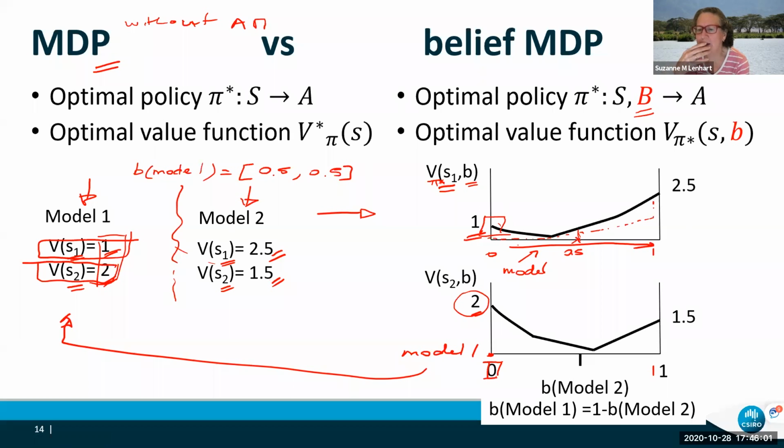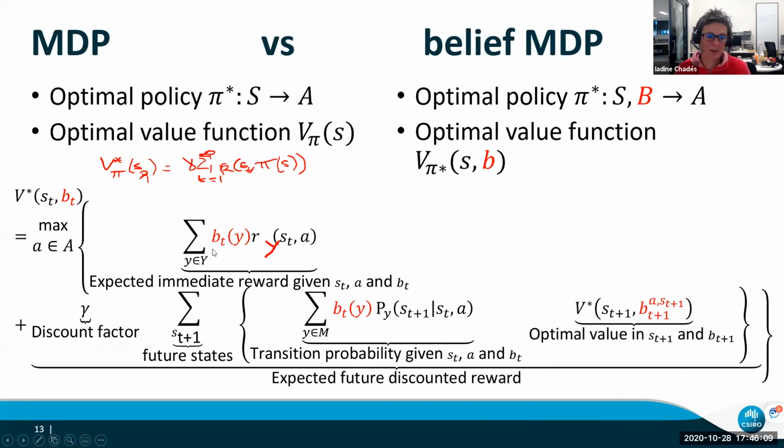There's one more question, about why these graphs are convex. When you have these graphs of the value function, why is it convex? That's right. So it's a property of this function here. If you just look at this expected immediate reward, this is a sum of weighted linear functions, right?